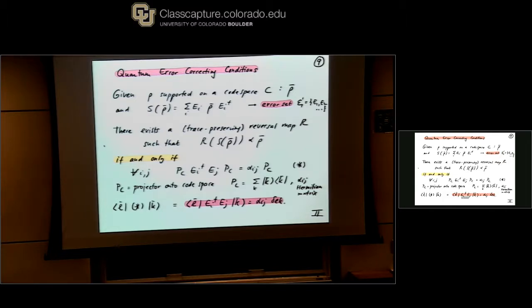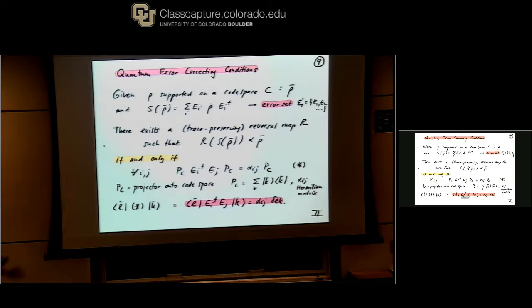So you have a state in your code space. You can think of the code space as some Hilbert space of n qubits, and you select a subspace, say two-dimensional, that encodes a qubit. It's just a subspace.